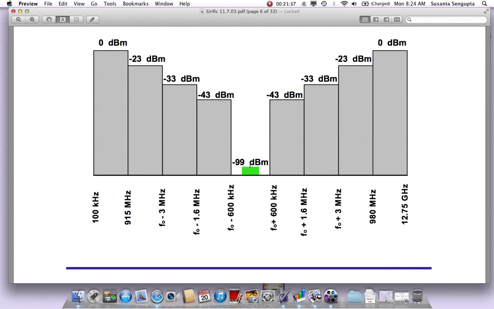The band has many frequency channels in it, and not all of them are available to a single carrier. A single carrier would have to be really rich to own all the channels inside a particular band.